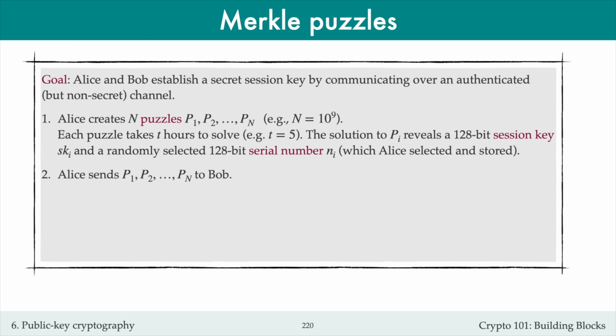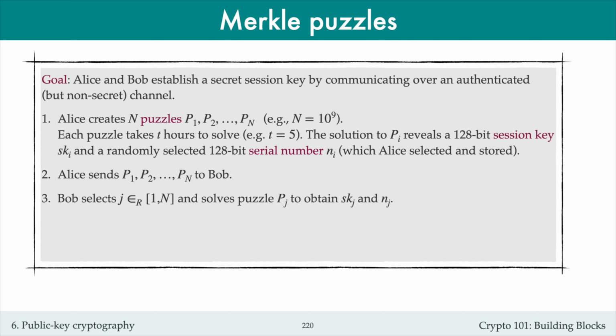Alice then sends these n puzzles to Bob over the non-secret but authenticated channel. When Bob receives the puzzles, he selects an index j at random between 1 and n, and solves the jth puzzle Pj. After T hours, Bob obtains the session key SKj and the serial number Nj. So Bob will now use SKj as a secret key he shares with Alice.